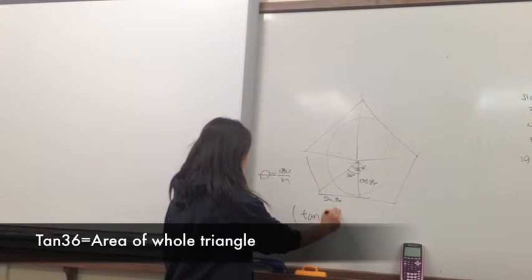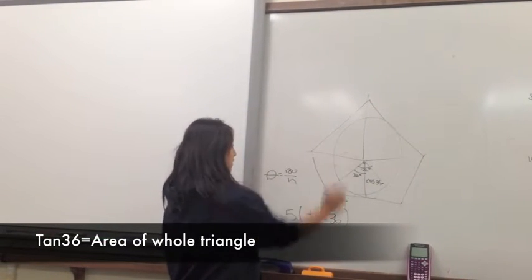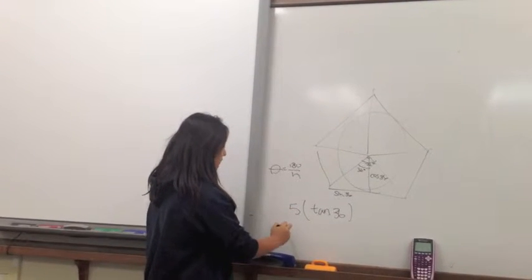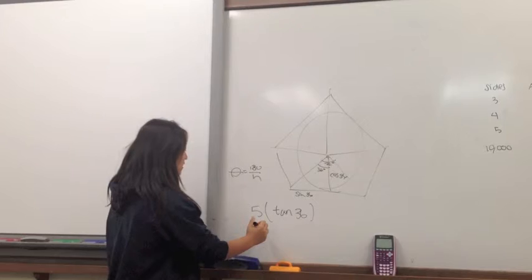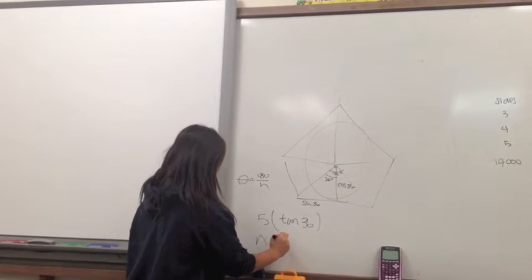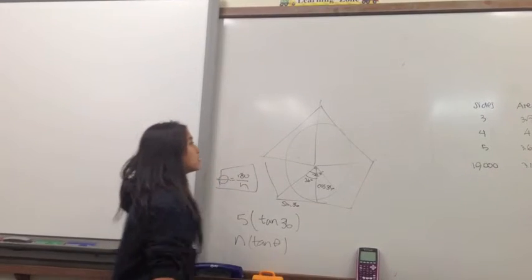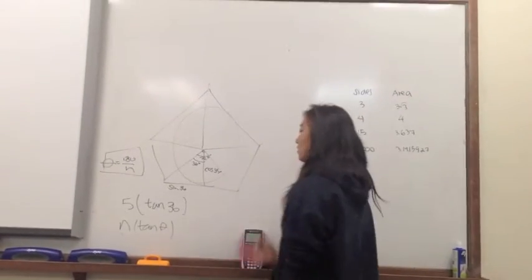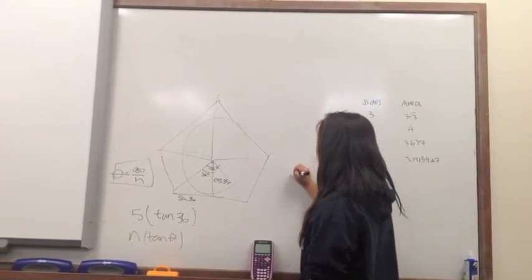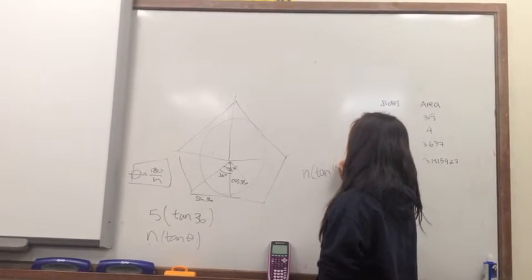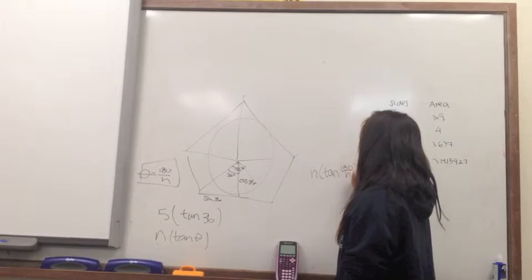And then we multiply it by 5 because there are 5 triangles. Again, 5 sides, and n sides, and tangent of theta, and we already know theta. So we get another equation, which is n tangent of 180 over n.